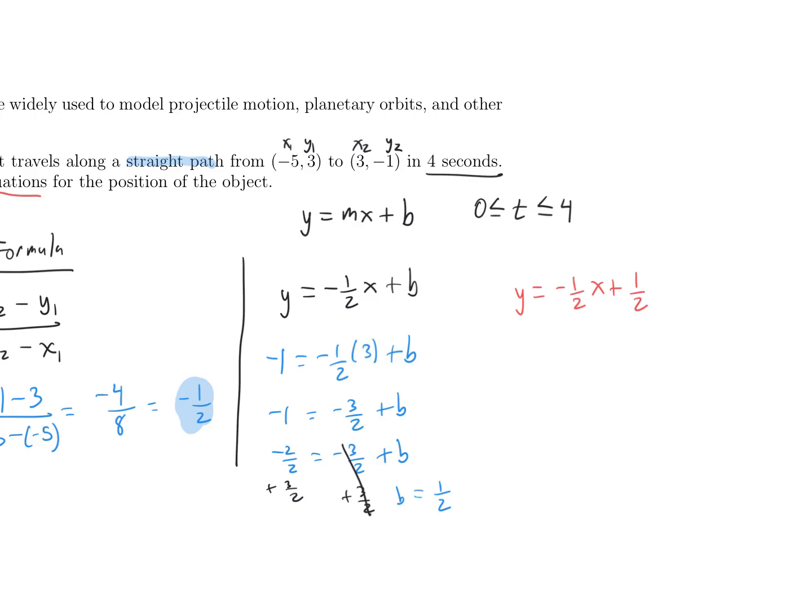You parameterize the equation, and let's do that by calling let x of t be t, and y of t will then become -1/2 t plus 1/2. And that's it. We are done with this problem. So those are the parametric equations for the path of that object. And that completes this section.